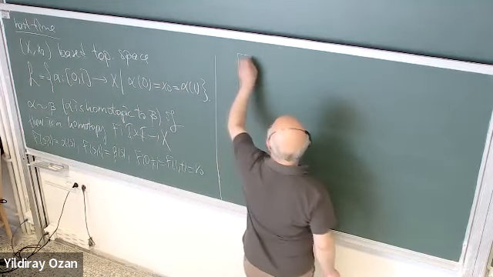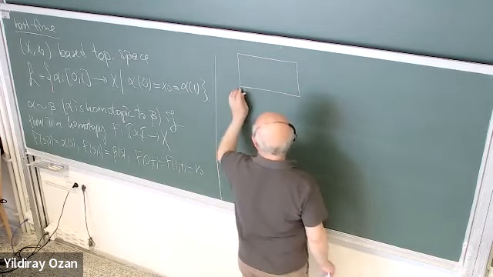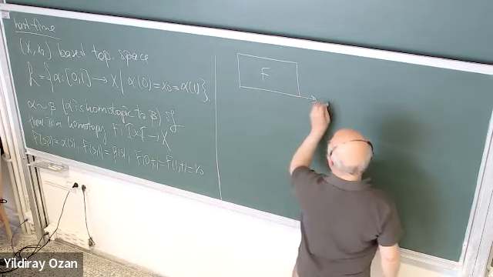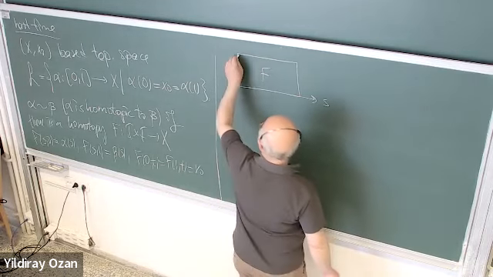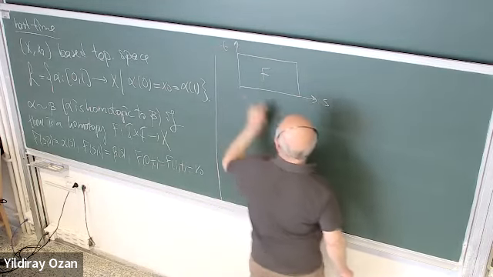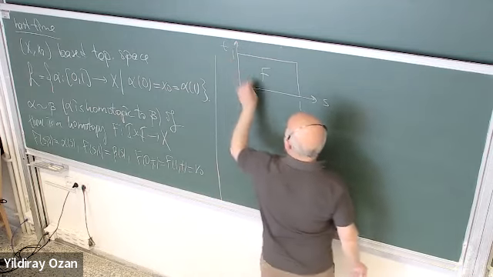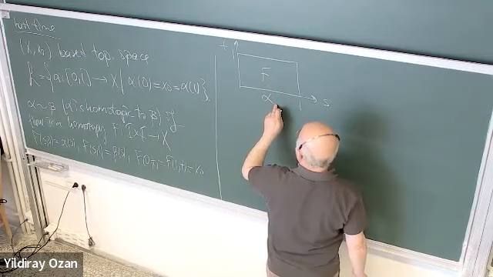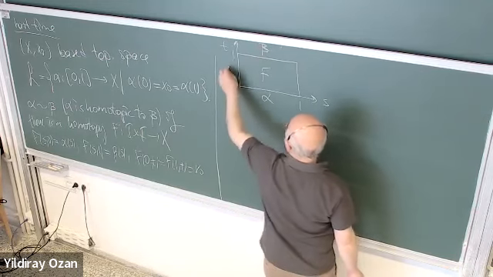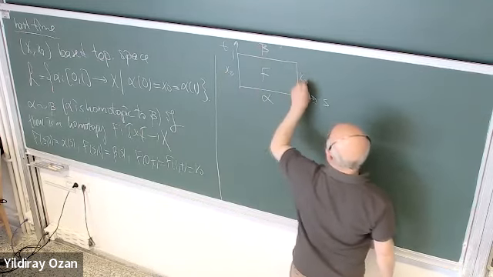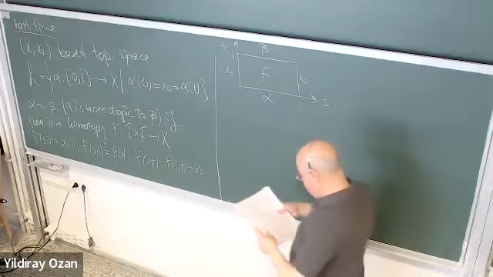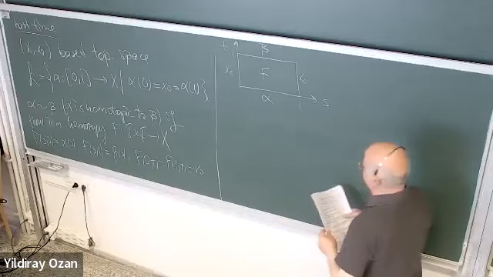Pictorially, we write the following. So this is f. Let's say this is the s-axis, this is the t-axis. And so here f is just alpha, here it is beta, and at the other two edges, it is constant equal to x0.